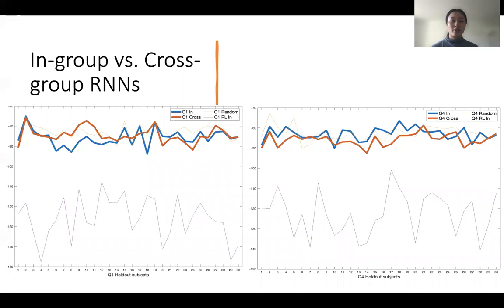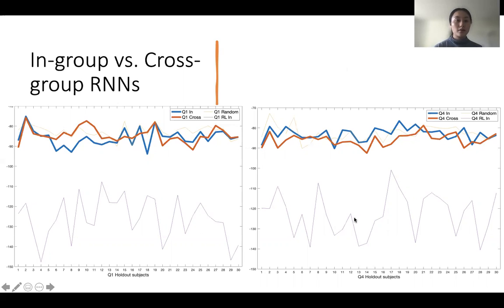The second question is, how behaviorally based are BDI scores? In other words, how valid is it for us to split people into different BDI groups, and is that reflected in their behavioral patterns? To do this, we compared in-group versus cross-group RNNs.